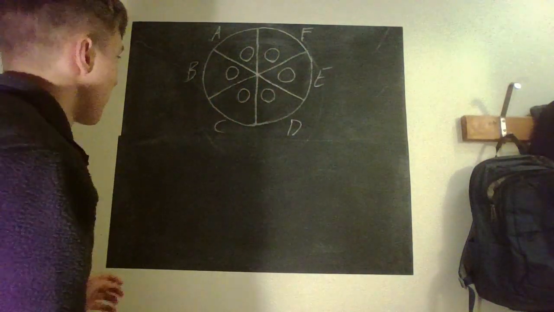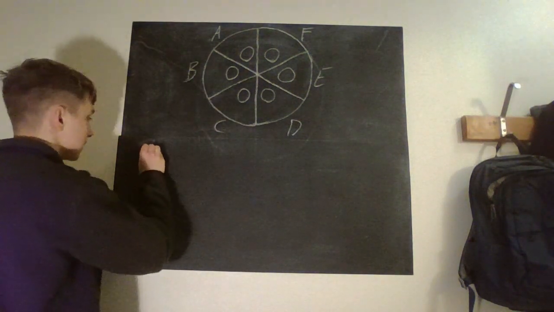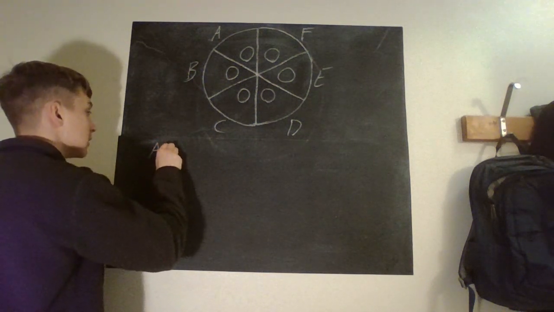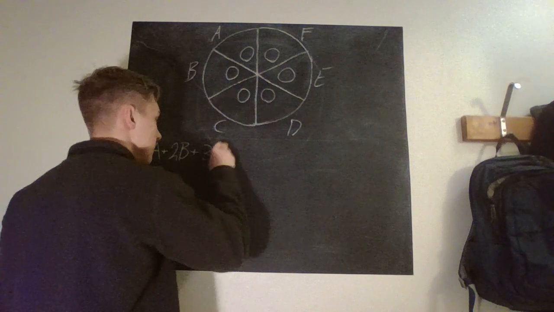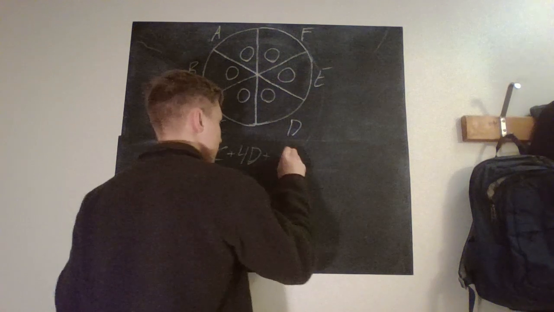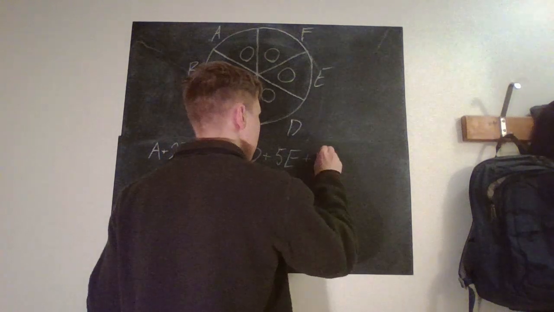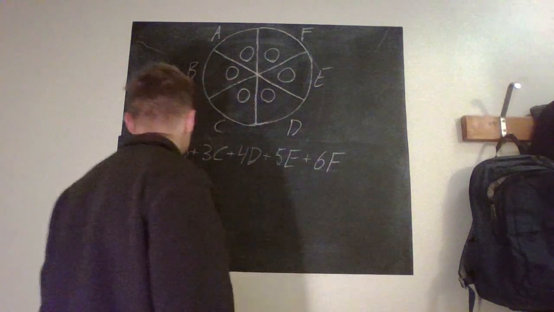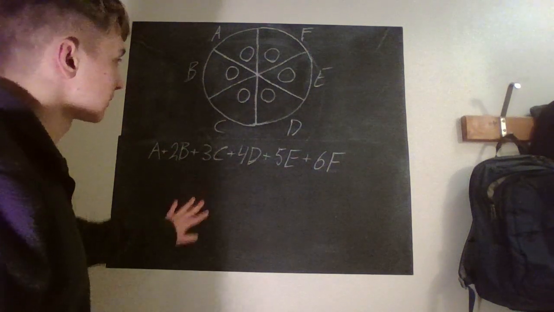Then I give you this as an invariant: a plus 2b plus 3c plus 4d plus 5e plus 6f. So yes, this is our invariant.